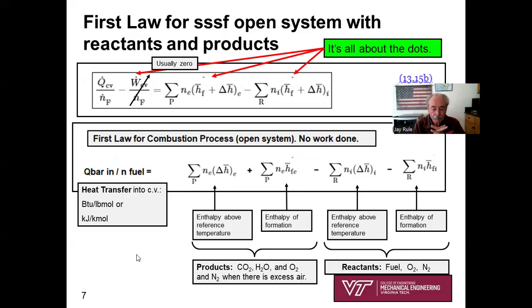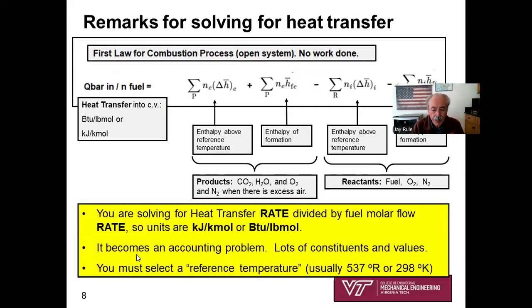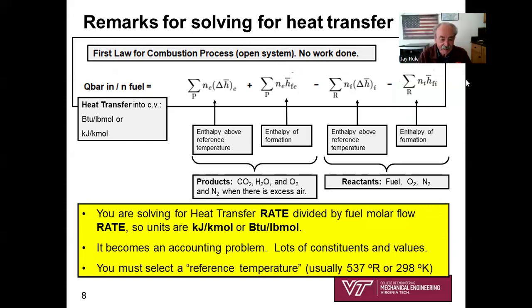Okay, so I hope that gives you a general idea of where we're going with this. I'm quickly trying to review the content of my slide here to prompt me on what I want to explain. So left-hand side, heat transfer into the control volume.